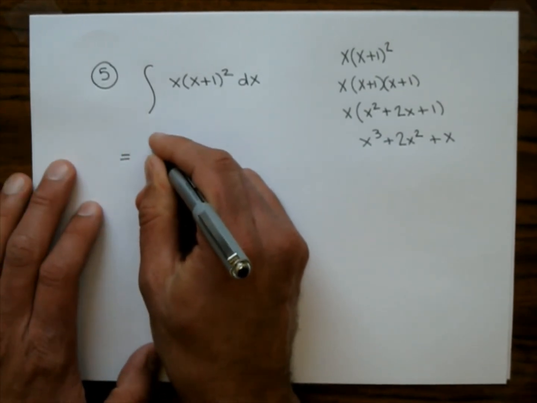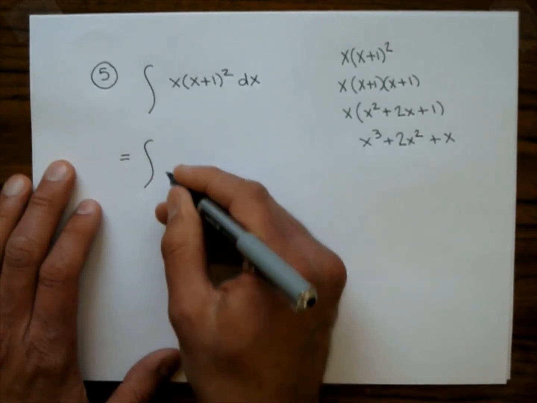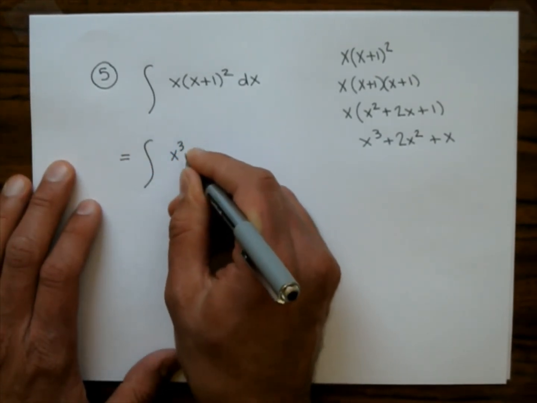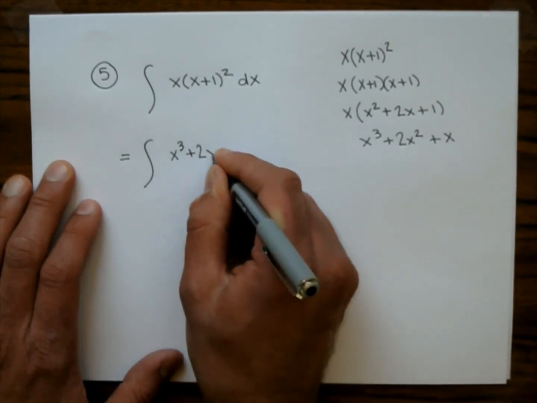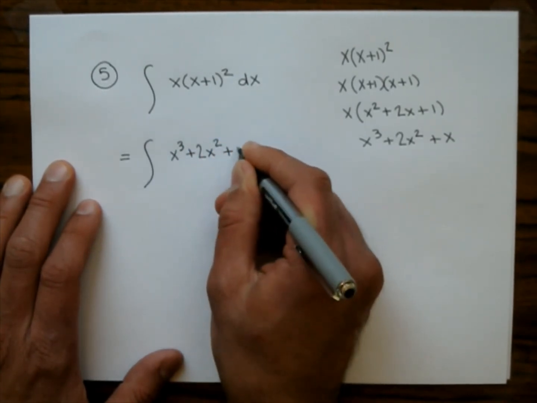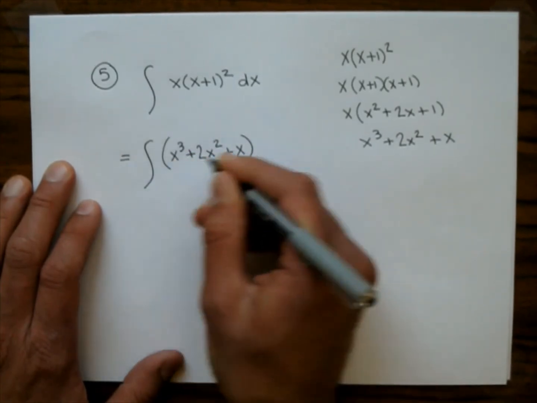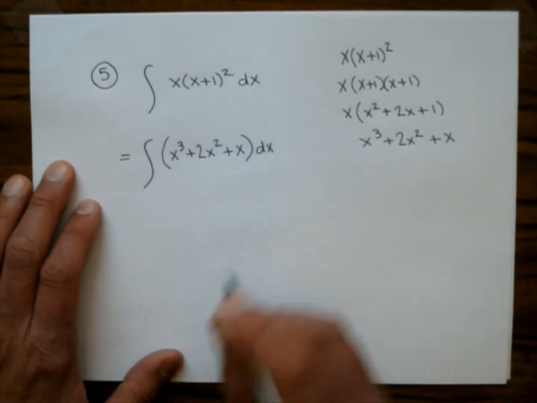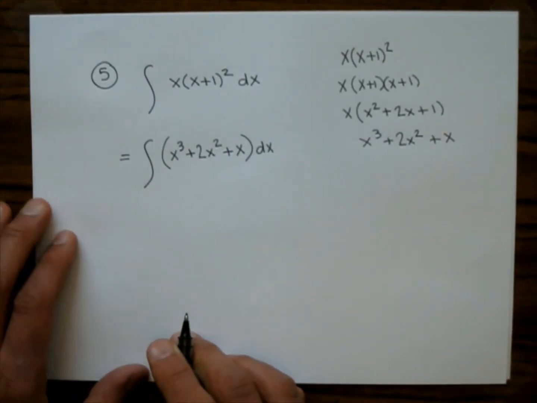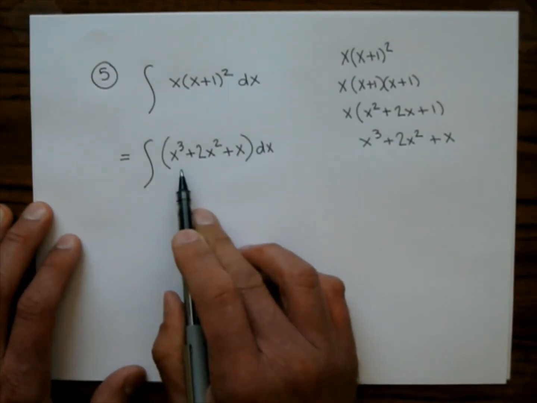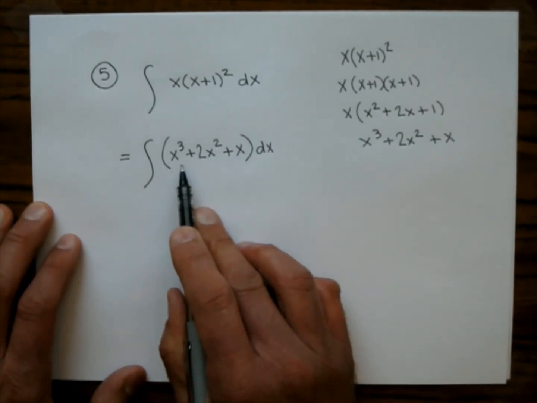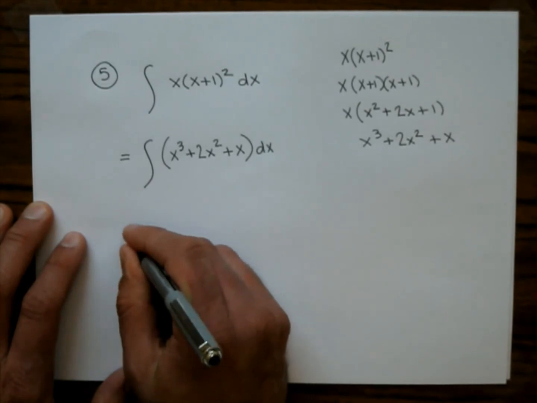So this is going to equal the integral of x cubed plus 2x squared plus x. Okay, so now I'm going to hit each of those with the antiderivative gun using the power rule.